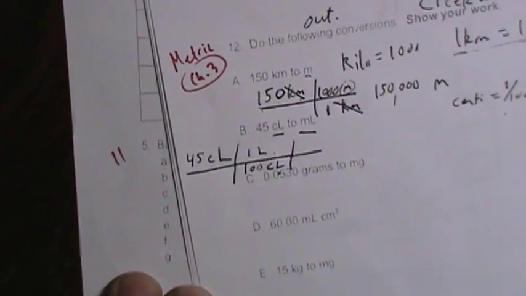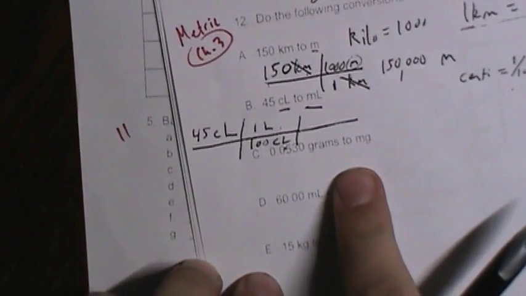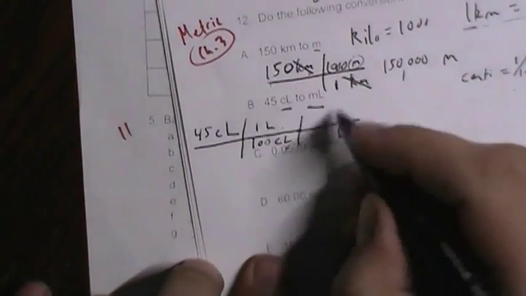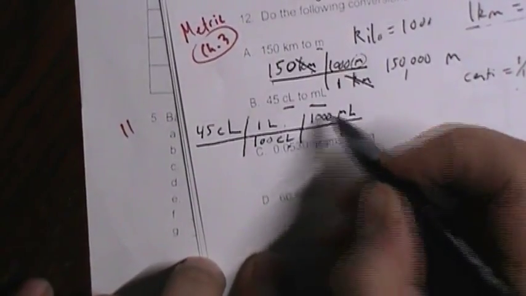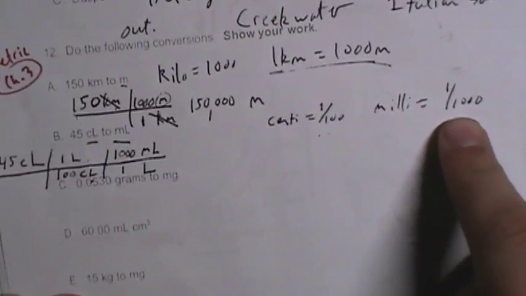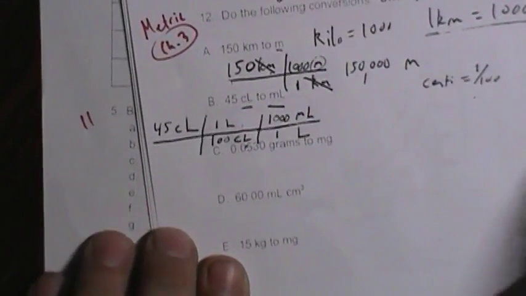But I'm not going to stop there, so I'm going to extend my little grid, and I'm going to do one other step. I need to cancel out liters now and go into milliliters. There are 1,000 milliliters in 1 liter. Notice I'm flipping this conversion because it's 1/1000th, so 1 milliliter is 1/1000th of a liter.